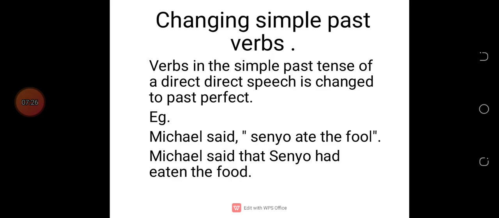We are saying that verbs in the simple past tense of a direct speech is changed to the past perfect when we are looking at direct and reported speech. And we're saying that when we have the simple past tense of a verb, that verb is stating an action that was completed somewhere in the past.